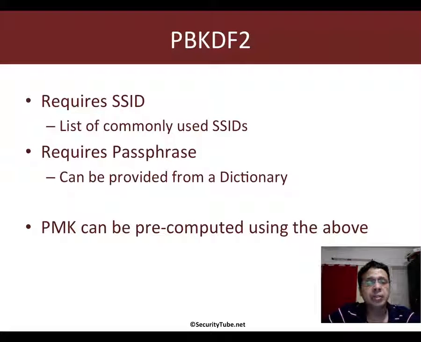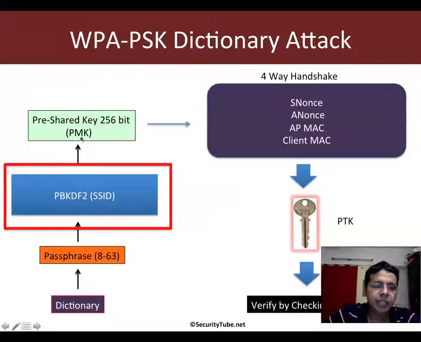At the very same time, the other input to this function is the passphrase itself, which can be fed from a dictionary. What this actually means is we can pre-calculate the PMK for a given SSID and for a list of passphrases from a dictionary. And hence, this huge calculation can all be done much beforehand.